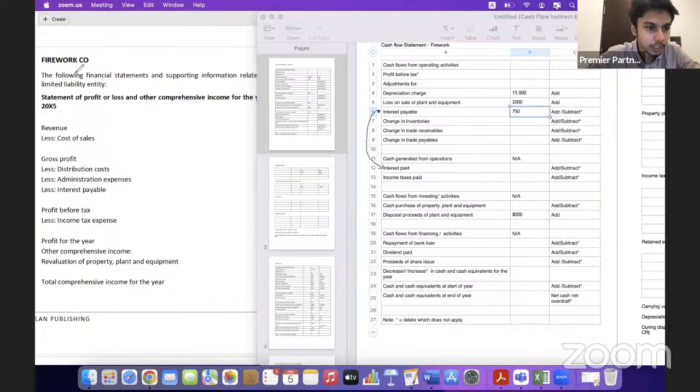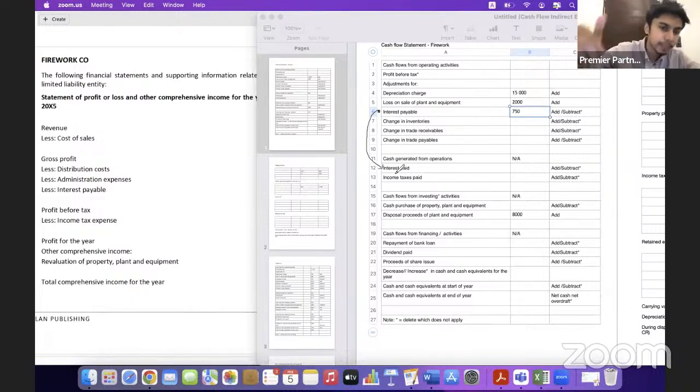Now it's like this one, guys. Interest was subtracted when arriving at PBT. Do you understand that part? When getting profit before tax, interest was deducted. Now we are going to reverse it. Why we are going to reverse it is because interest is not supposed to be deducted from here.